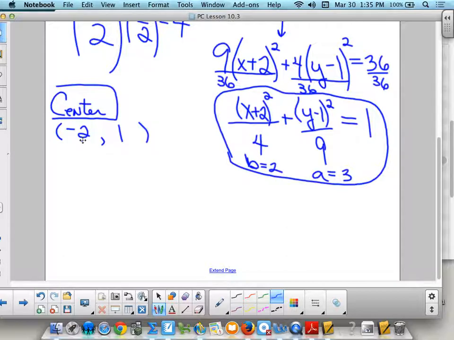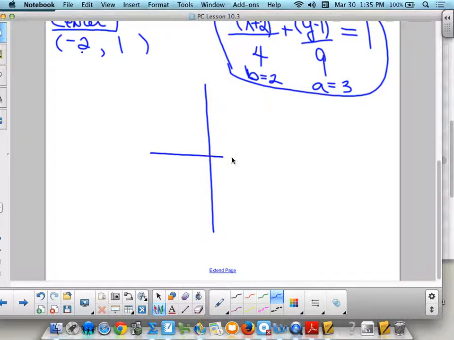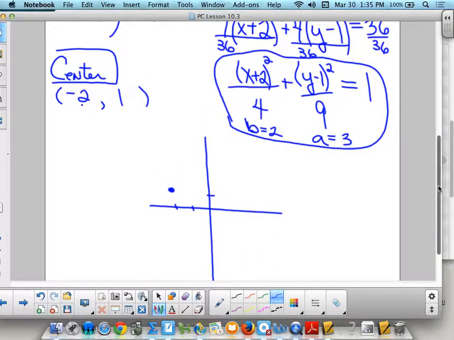Okay. Let's make a quick sketch of this. You said center, negative 2, 1. Right about there. My question is, which way is the major axis? Up, down, right, left? Up, down, because the a value is under y. It's a major axis going up, down, vertical. So from here, what does the a mean? A means go from the center up 3.